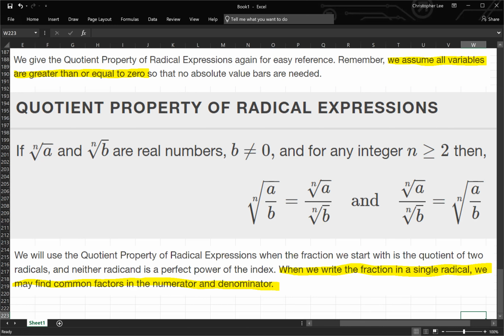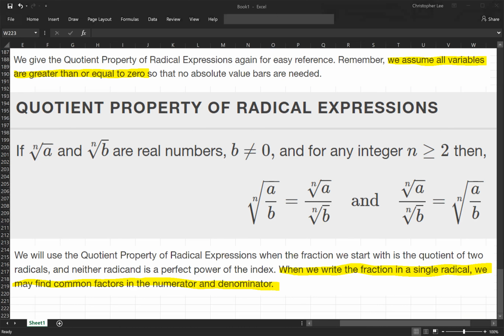So long story short, you have a radical or a root with the same index divided by the same index. We write it under one root, and when you do that, you can simplify the inside, just like we did in the first question.